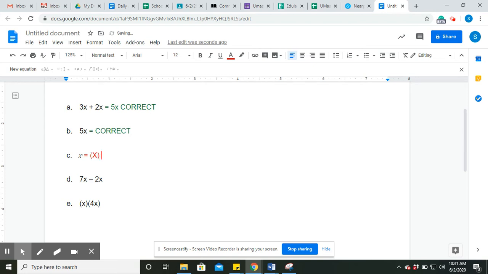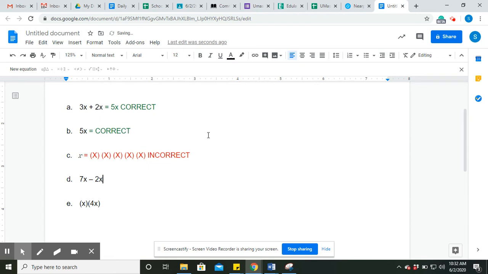X times x times x times x times x, because an exponent tells me how many times to multiply the base by itself. This is not 5 groups of x. This is x multiplied by itself 5 times, which would be very different. So this is not equivalent.